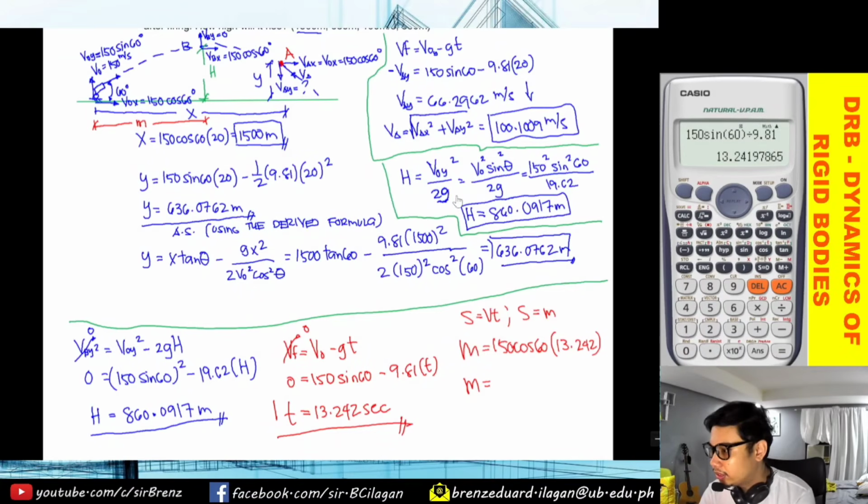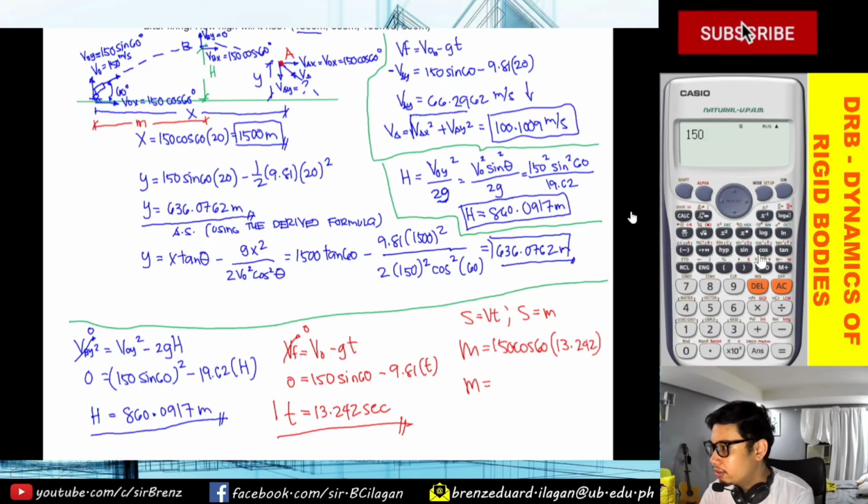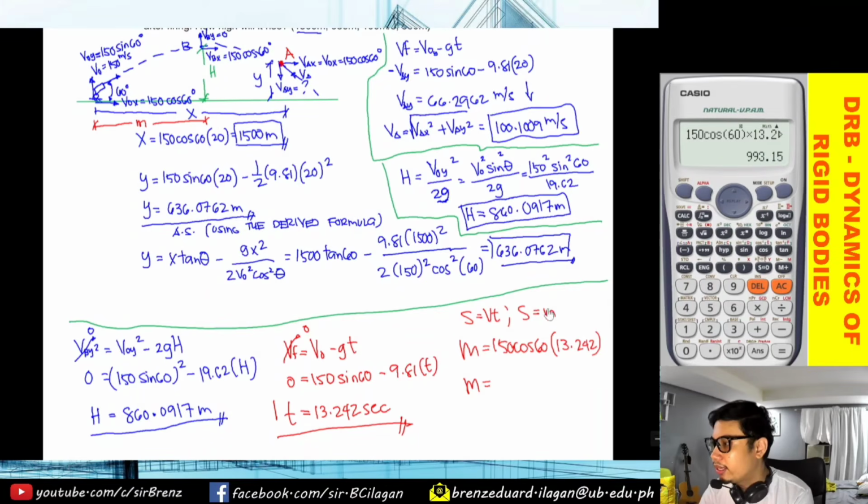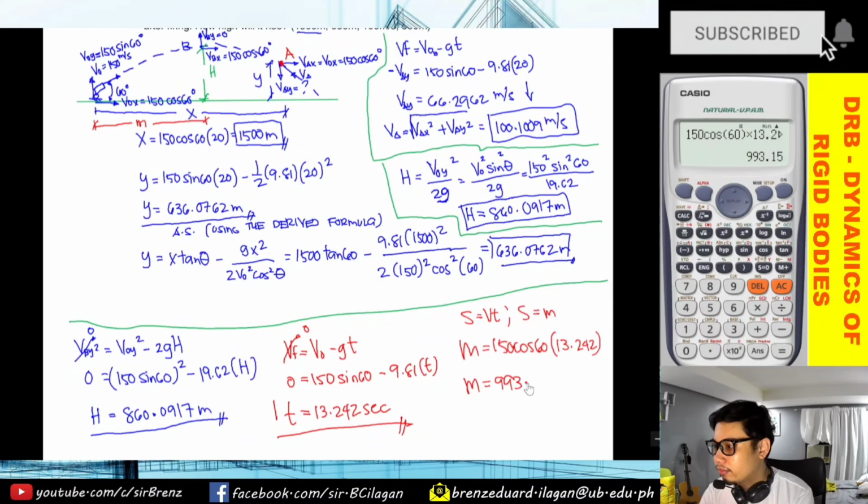So, 150 cosine 60 times 13.242. Ayan. So, 993.15.